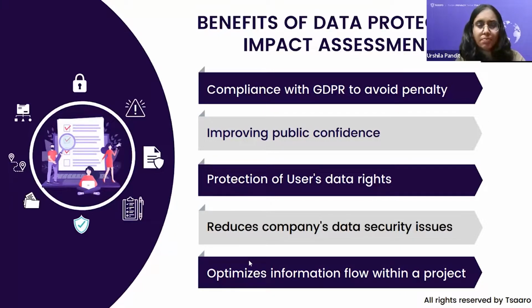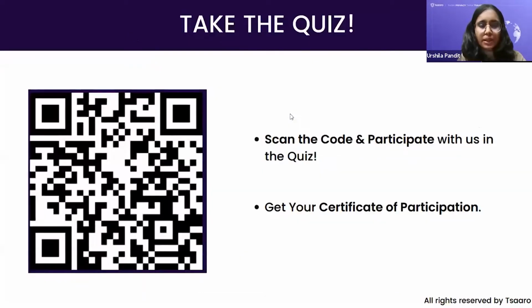A data protection impact assessment can also be very beneficial in terms of giving the company an overview of the kind of data that's being collected and where the data is being transferred. So these are some of the benefits of doing a data protection impact assessment.